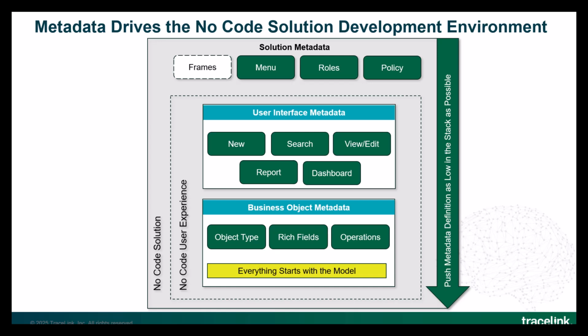The user interface metadata layer configures predefined page types, for example, search, view, edit, and new pages, to create a seamless no-code user experience. Solution metadata. The solution metadata integrates and fine-tunes the user experience by controlling menus, roles, and policies, ensuring that authorized users can access the features they need in a structured and efficient way.